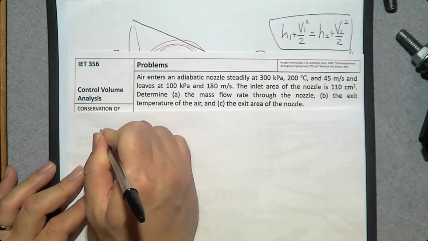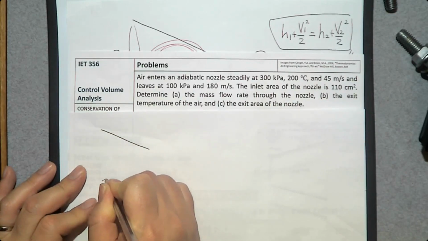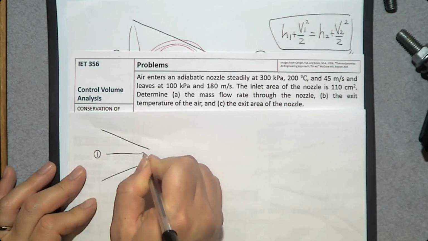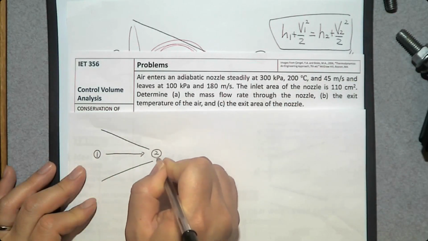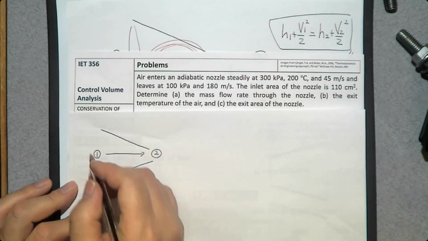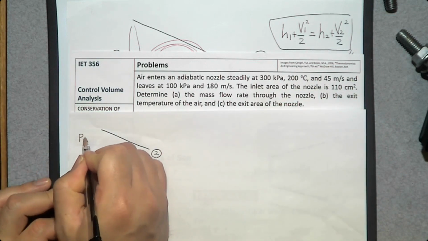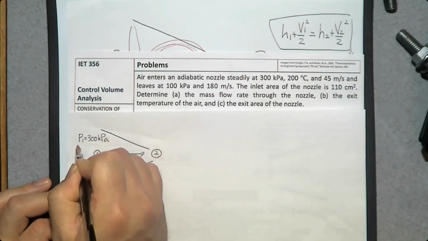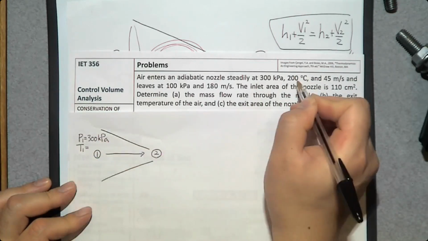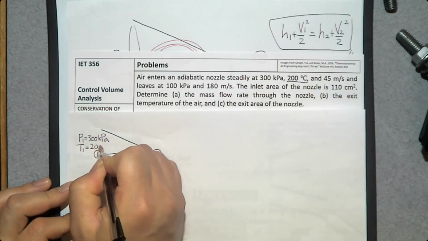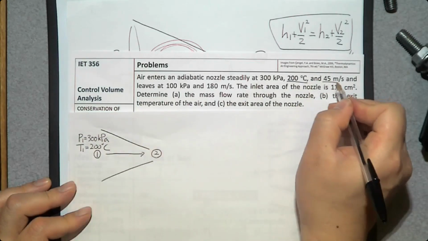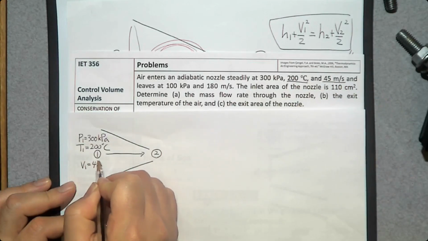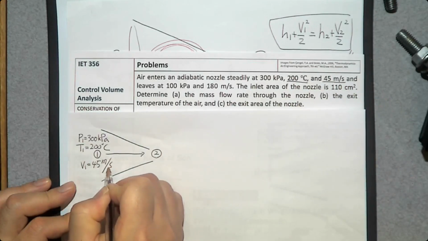So we have a nozzle, and we have inlet number 1, exit number 2. At the inlet, P1 is 300 kilopascal, T1 is 200 degrees Celsius, and the velocity V1 is 45 meters per second.